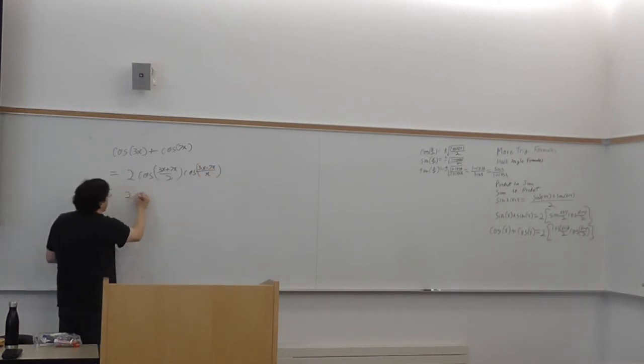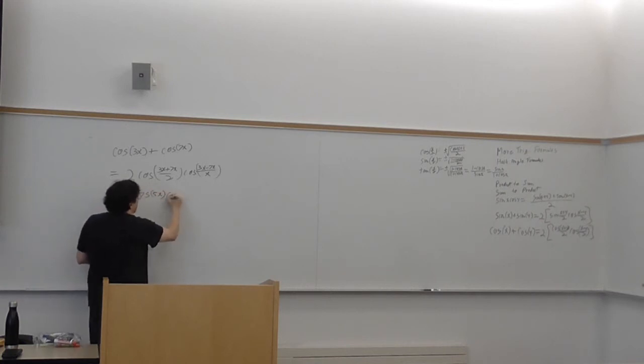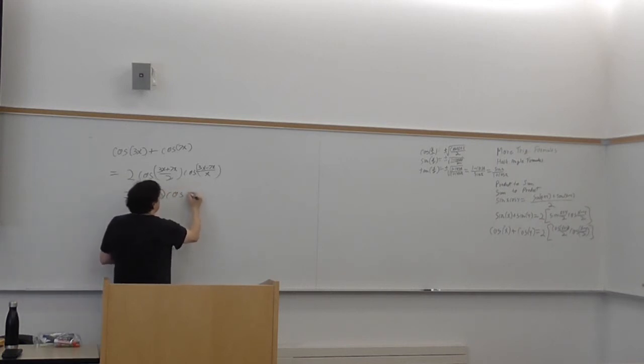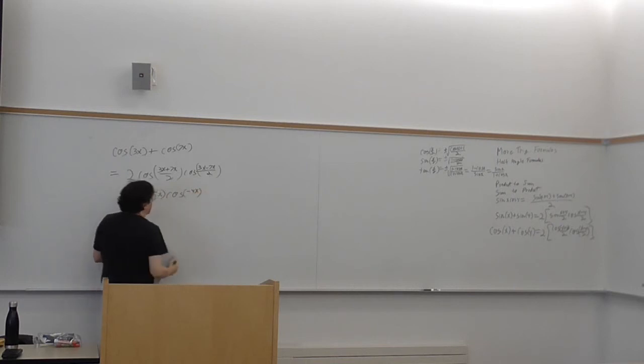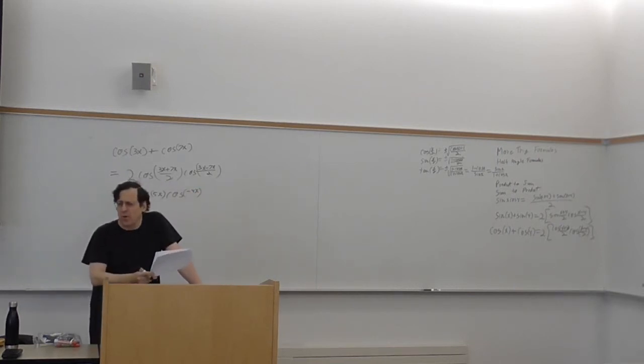Simplify that a little, 2 times the cosine of 5x. And this is the cosine of negative 4x. We could simplify the cosine of negative 4x, can't we?